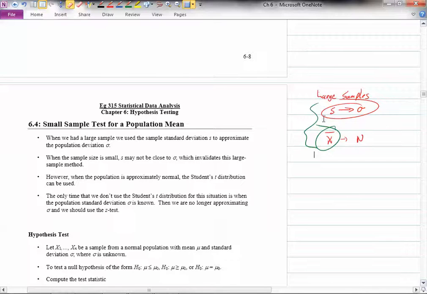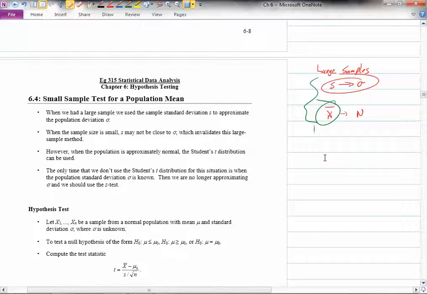All right. So now, when we get to a small sample size, what happens? A couple things happen. We're not so sure about this. S approximates sigma not so well, so that's where we use a t-distribution. So with a t-distribution, we're penalizing ourselves for not knowing sigma very well. The number of degrees of freedom will dial in how confident we are in this.